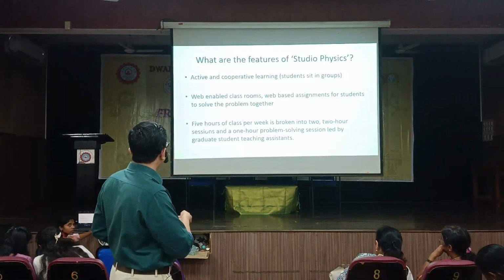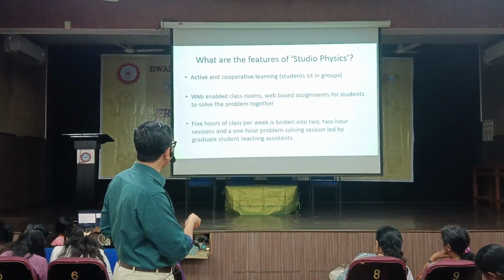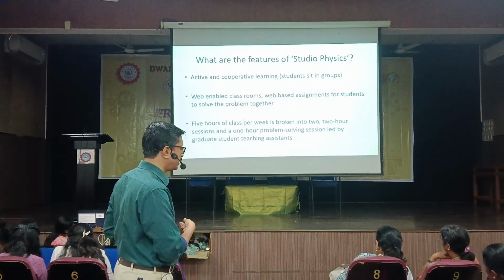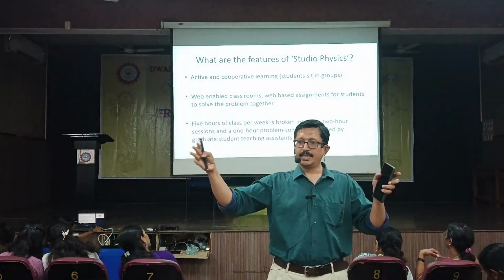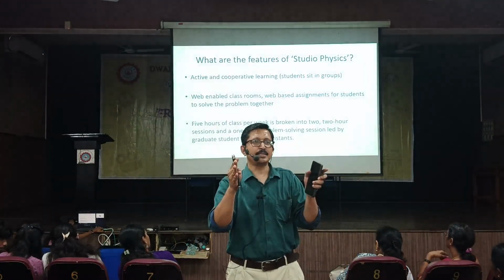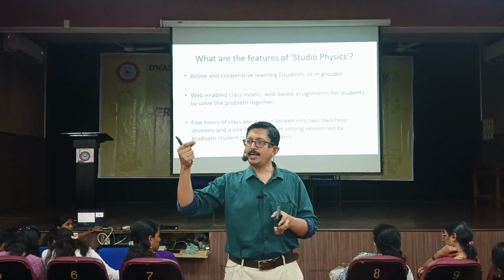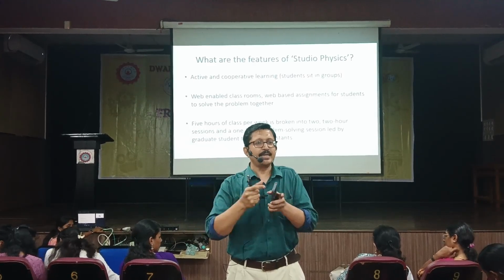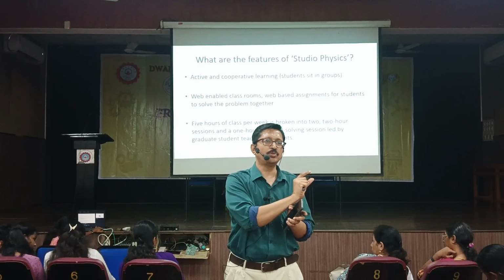Five hours of class per week is broken into two-hour sessions and a 1 hour problem solving session led by a graduate student. So suppose there are five 1-hour classes in a week. They club them into slightly longer sessions, so that the problem will be more demanding, challenging. It will take some time. So a 1-hour class may not be suitable for studio physics.